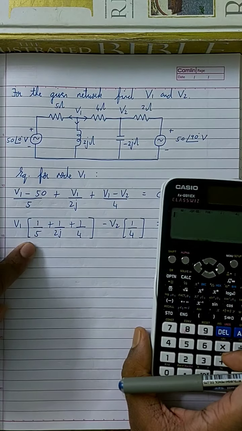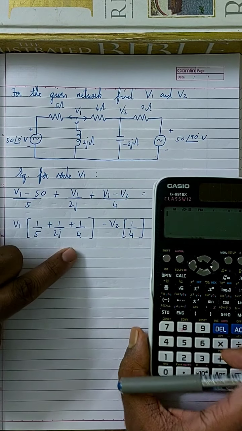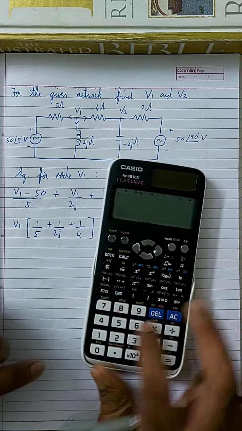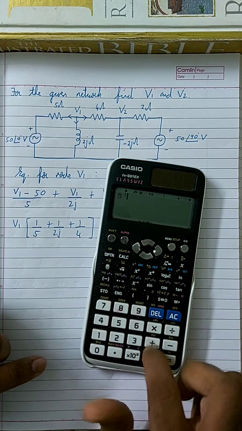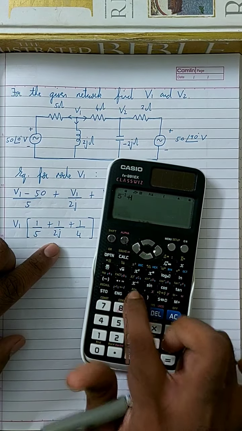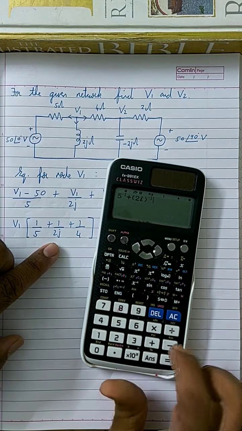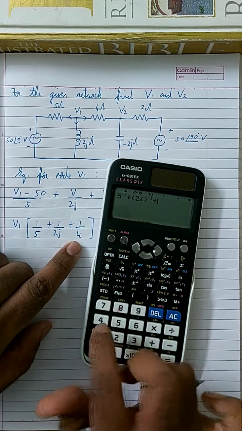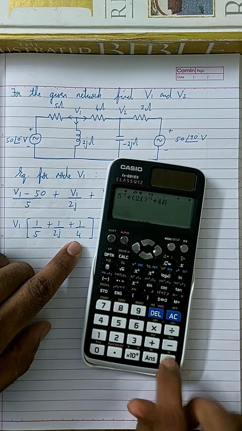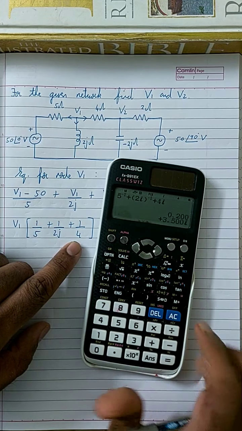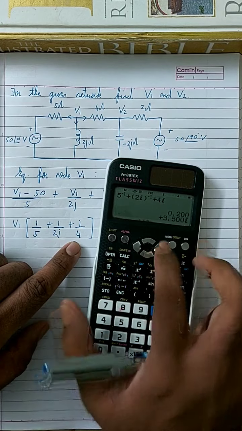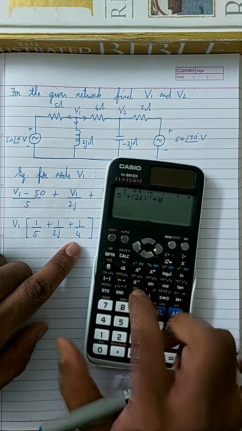So what is this? 1 by 5 plus 1 by 2j plus 1 by 4. Or in other words, this is 5 inverse plus 2j inverse plus 4 inverse. Sorry, I made a mistake, it's 4 inverse.